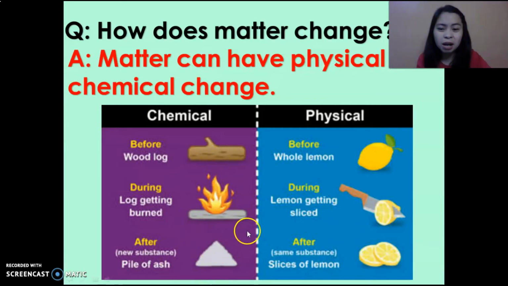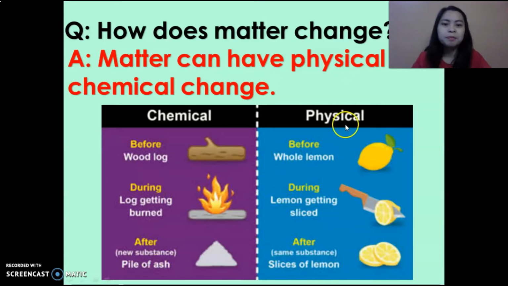It will become ash, a pile of ash. So as you can see, in a chemical change, the log will change into ash. So we can say that there is a new substance formed.